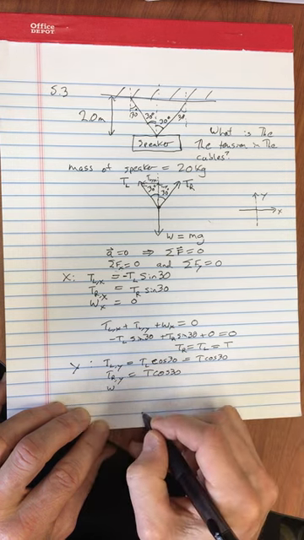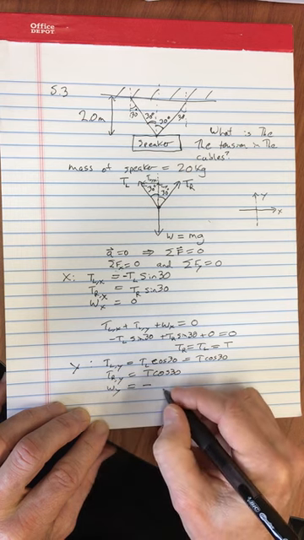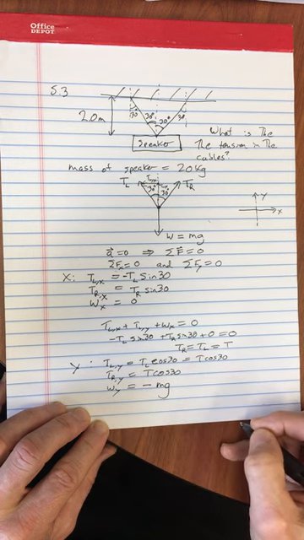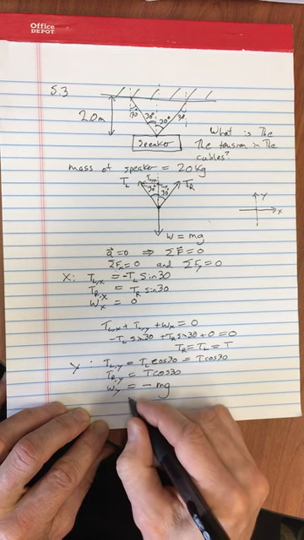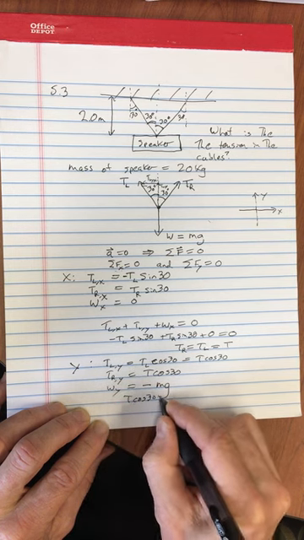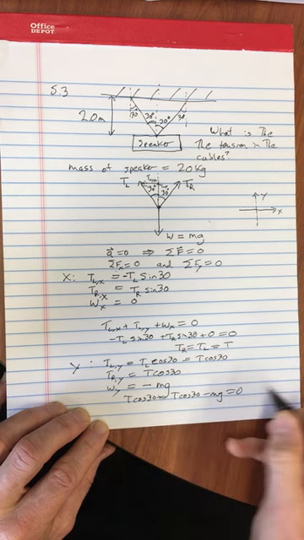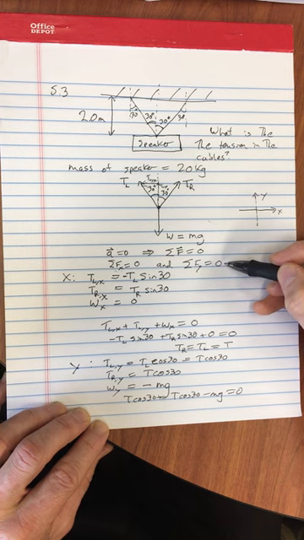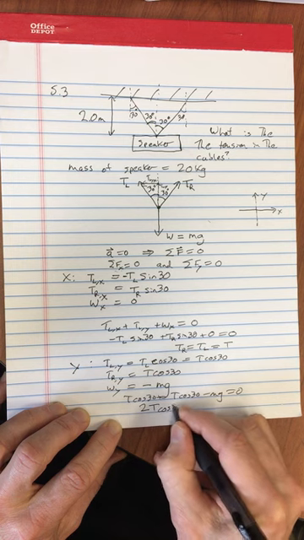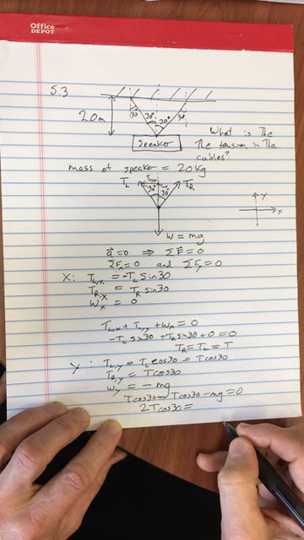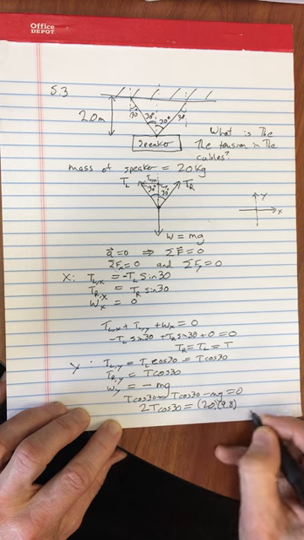And the weight vector is entirely in the y direction, and it's down, so it's negative. So it has a value of minus mg. And the sum of our y components then gives us T cosine 30 plus T cosine 30 minus mg equals 0. That's just rewriting this equation here. So that gives me 2T cosine 30 equals mg, which is 20 times 9.8.